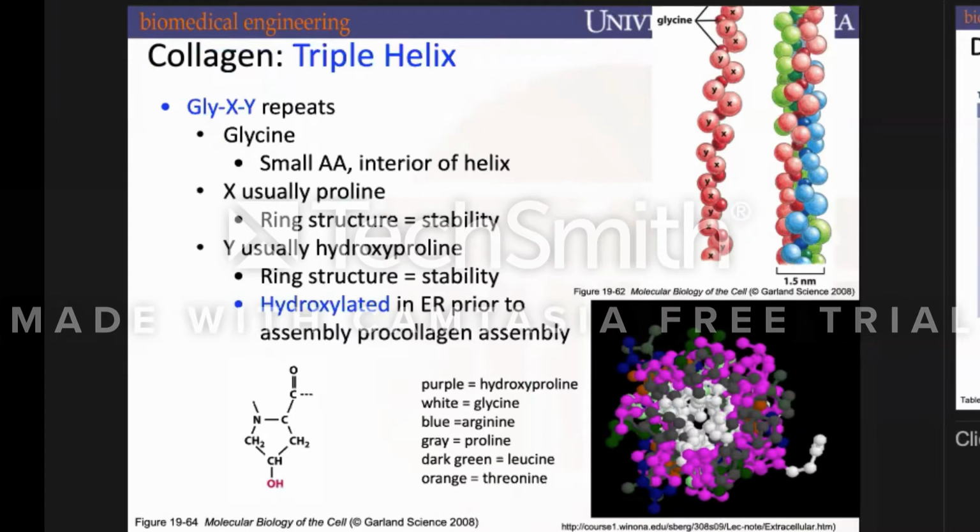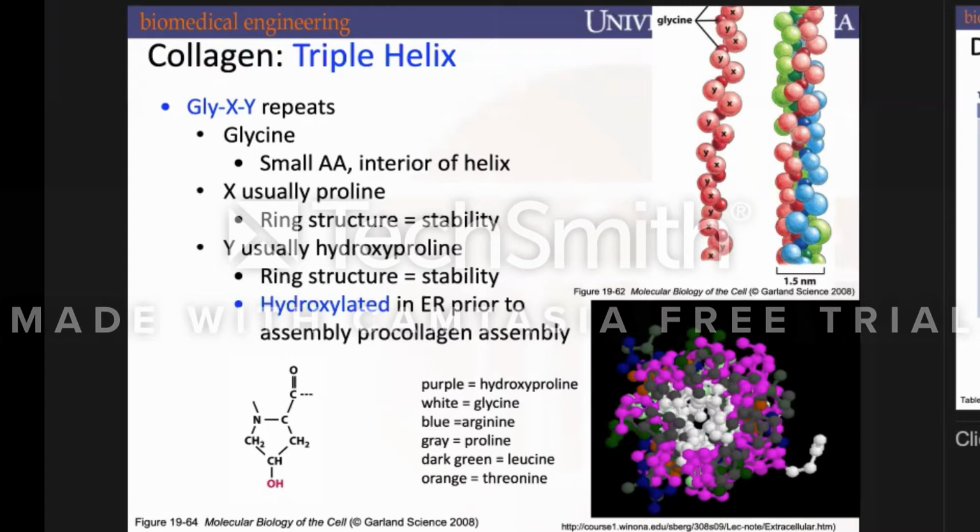And so if you look at the top right image, you can see the X and Y amino acids on the outside, but then glycine is really small, which is indicative of its size because it has such a small side chain. It provides the backbone of the collagen alpha helix. X is oftentimes proline, but like I said, it's not always. It's not exclusively glycine, proline, hydroxyproline.